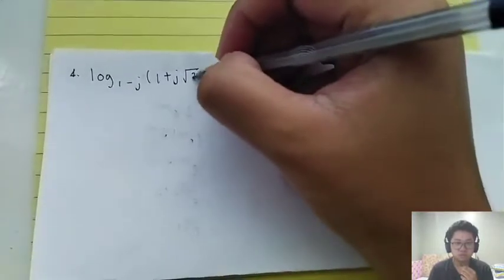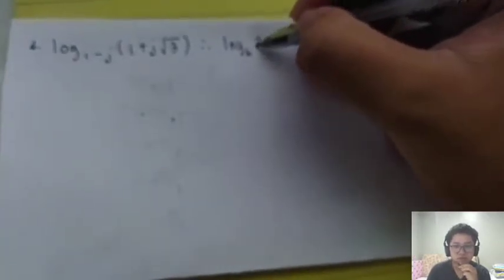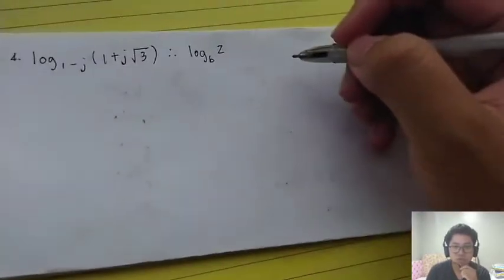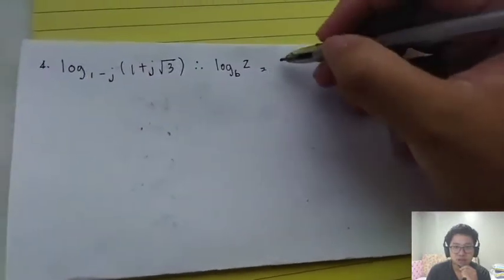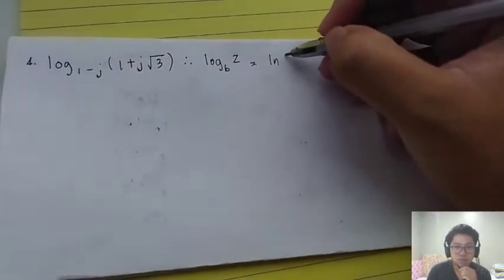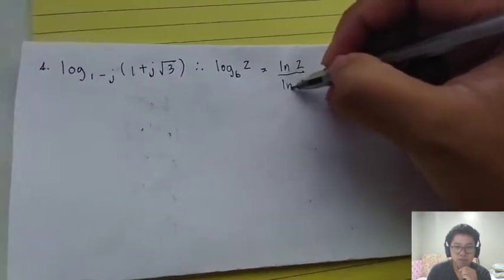On to our last problem. We have the logarithm with a base of 1 minus j of 1 plus j square root of 3. That corresponds to the log of z with a base b, which is equal to just the ln of z over ln of the base.